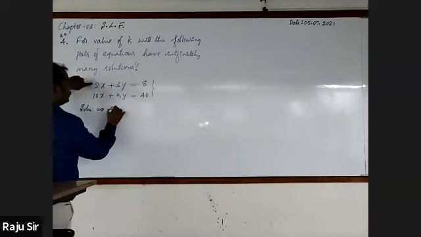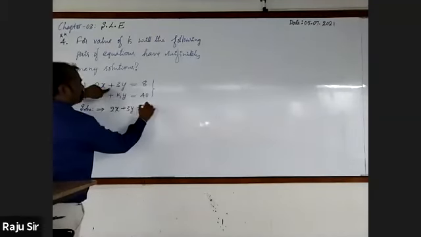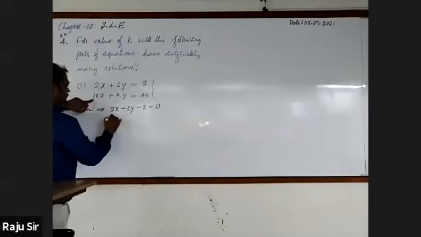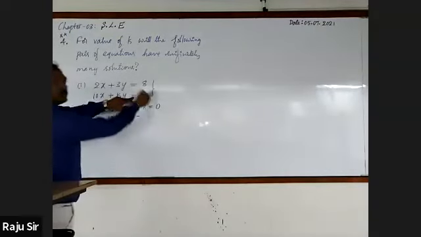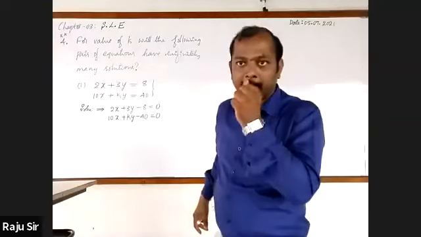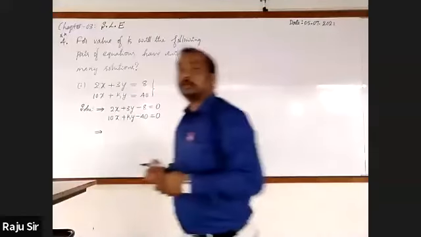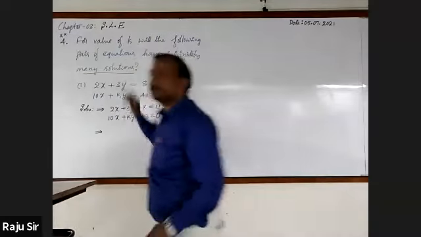It is 2x plus 3y, constant to the left hand side, minus 8 is equal to 0. Next, second equation is 10x plus ky, transfer 40 to the left hand side, minus 40 is equal to 0. Now, we have a condition for infinitely many solutions.